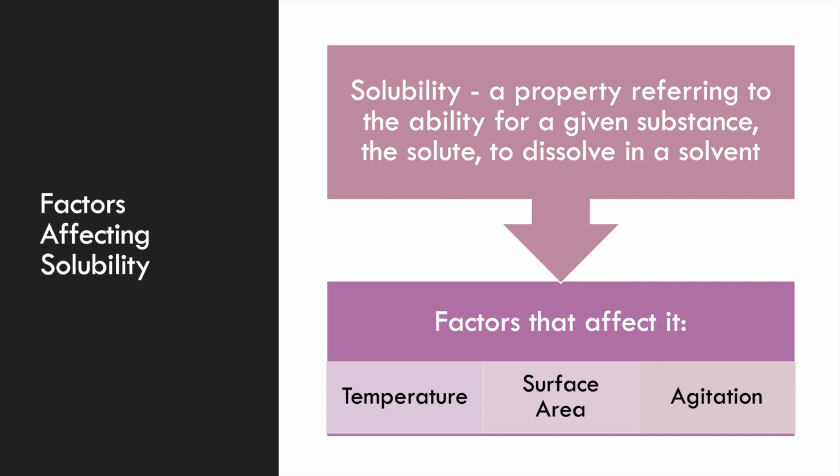An example of that, once again, sticking with sugar and tea, if you put your sugar in your tea, even if it's hot or cold, you stir it, right? So stirring that, causing that agitation, helps it dissolve. So these are the 3 main factors that affect solubility.